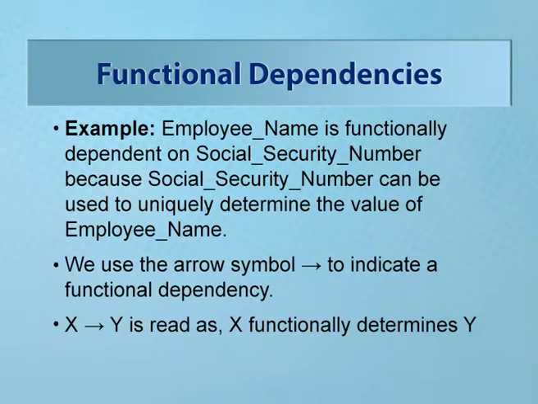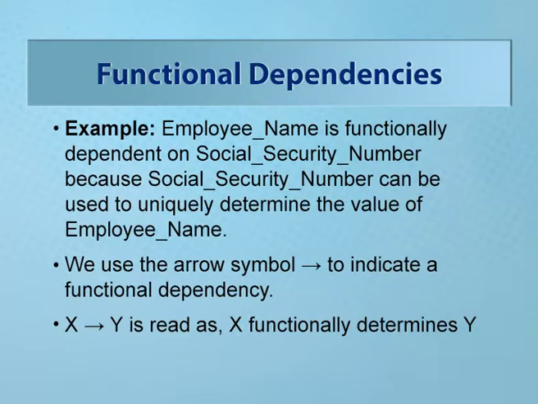Suppose a relation contains employee name as well as the social security number. SSN, social security number, we are identifying as the primary key, and in the same relation you have the employee name also. Whenever you want to retrieve the record with the help of the SSN, obviously the record can be retrieved. However, you can see over here, the SSN can be used to uniquely determine the value of employee name.